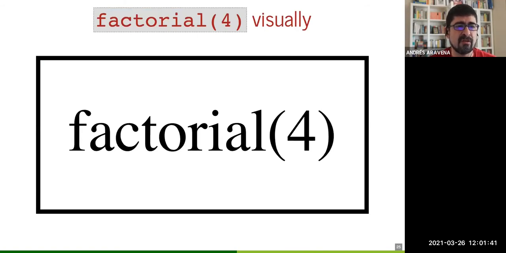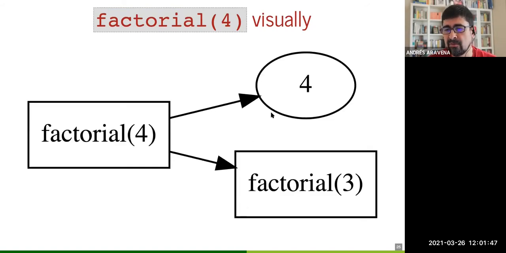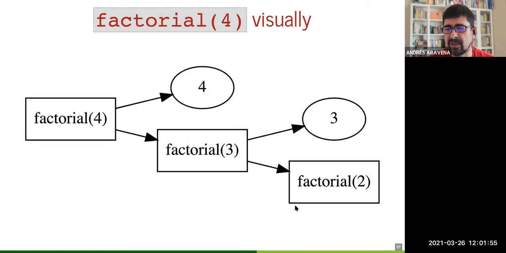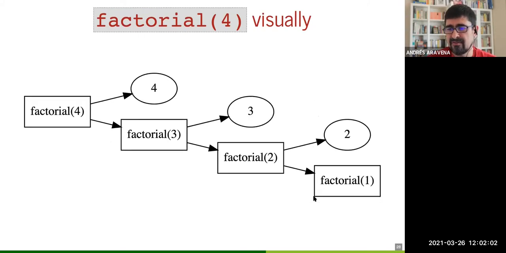We start with factorial of 4. To calculate factorial of 4, we need to multiply 4 by factorial of 3. And factorial of 3 is 3 times factorial of 2. Okay, we are delaying the problem. And factorial of 2 is 2 times factorial of 1.